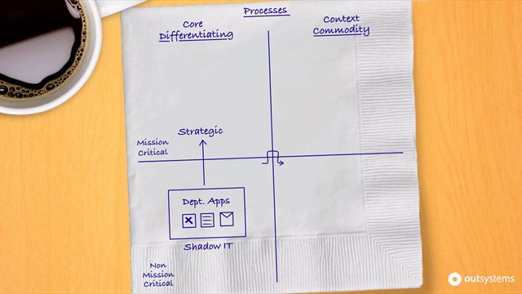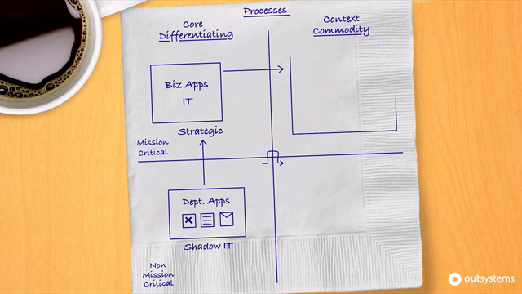So, when these processes move into the deploy at scale quadrant, IT takes them over and works to implement as enterprise business applications. Because these processes are newly invented and unique to the company, they are usually implemented as custom software since there are no viable packages on the market. Eventually, over time, these processes will be copied by the industry, and so they will move over in the top right quadrant and become a commodity.